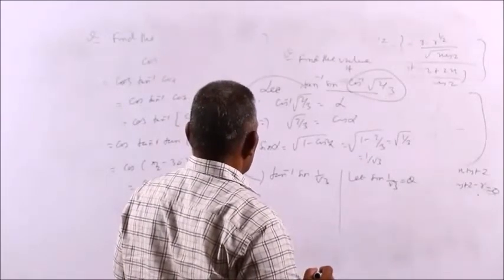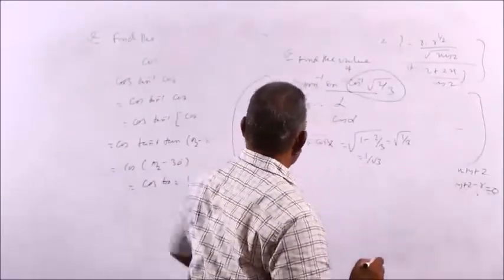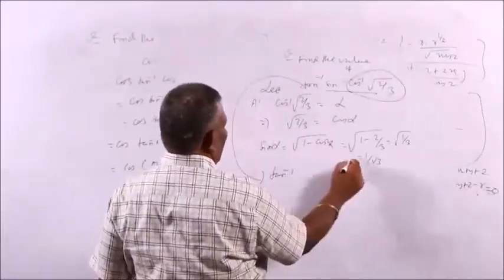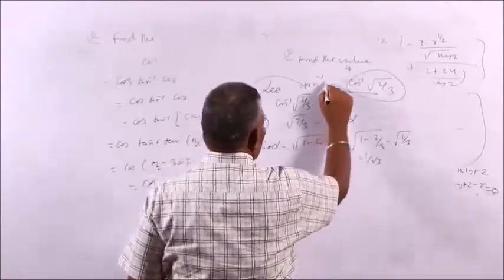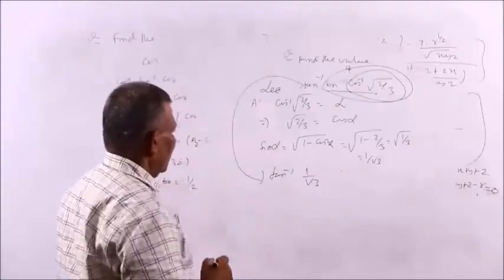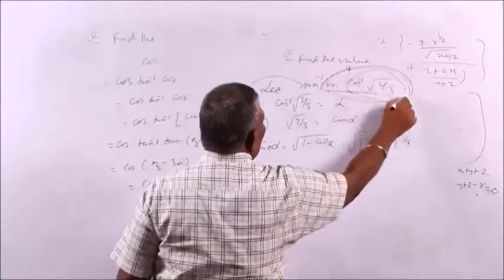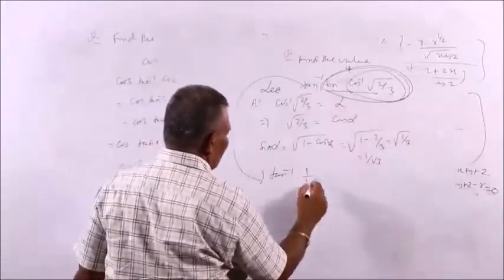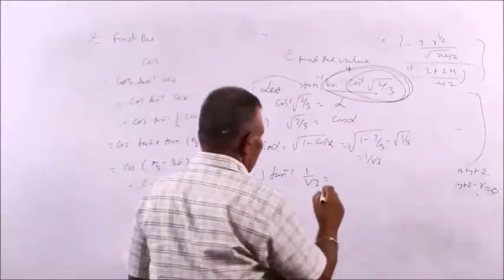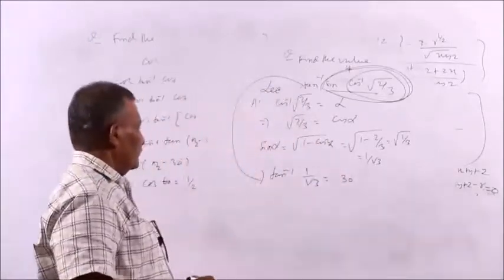Sin alpha equals 1 by root 3. So this quantity will reduce to tan inverse 1 by root 3. I have made a mistake. Sin alpha equals 1 by root 3. So this whole term will give us sin alpha. So tan inverse 1 by root 3, that is 30 degree.